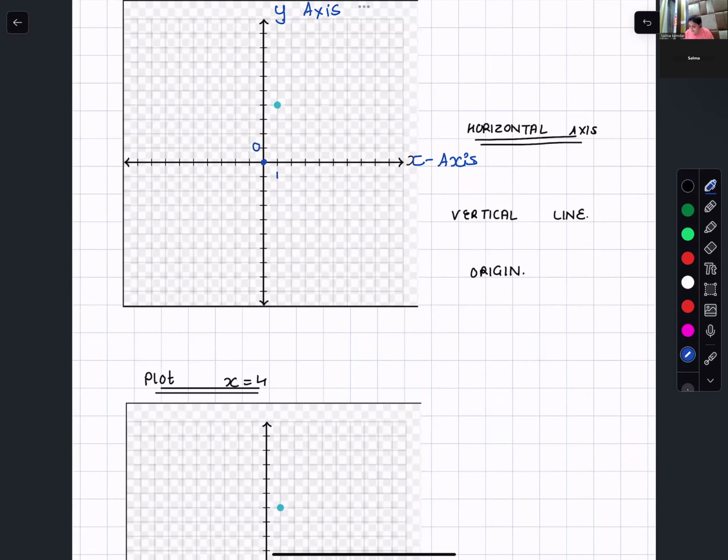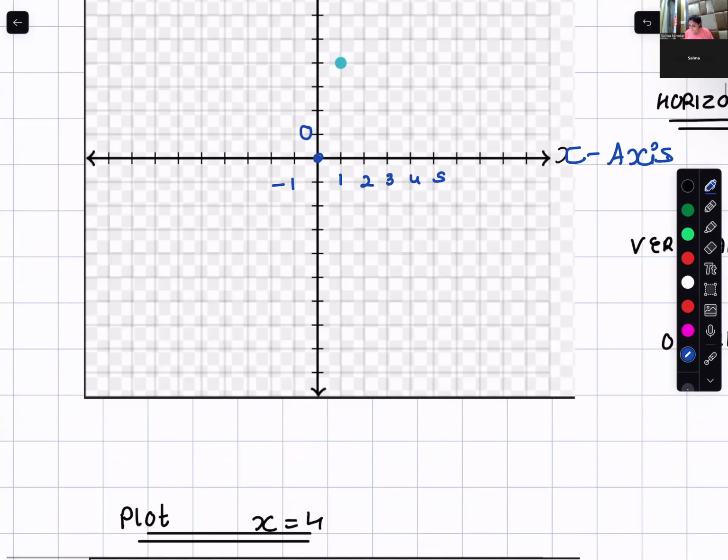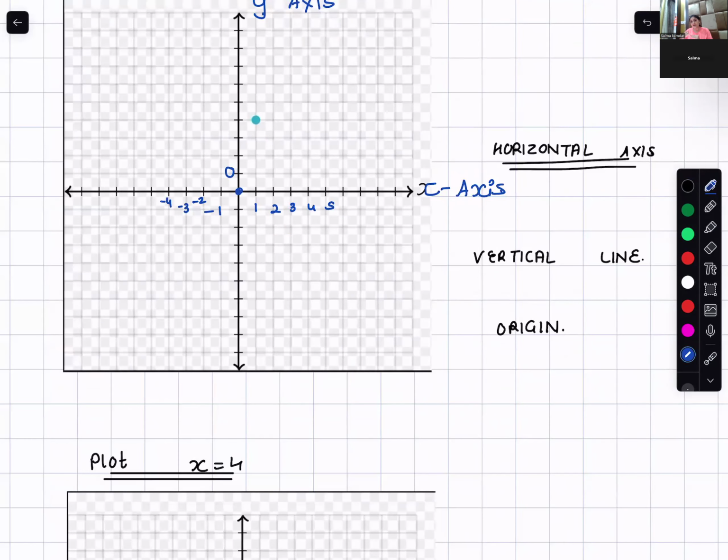This Cartesian plane is labeled like this. This is 0. Something to the right of the origin would be your positive numbers. Something to the left of the origin would be your negative numbers, like -1, -2, -3, -4. Something above the origin would be your positive numbers.